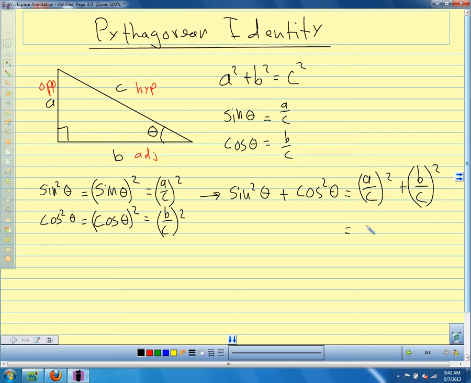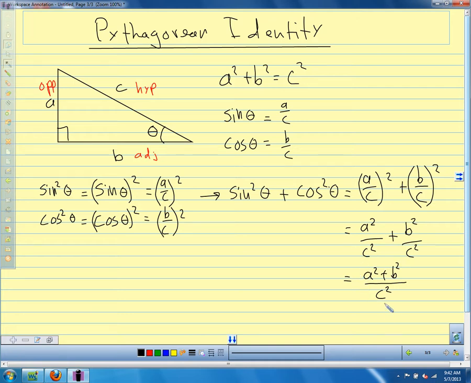So I can write this as A squared over C squared plus B squared over C squared. Well, I'm adding two fractions. My common denominator is C squared. So this equals A squared plus B squared over my common denominator, C squared.